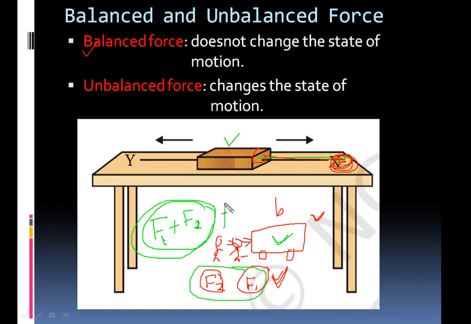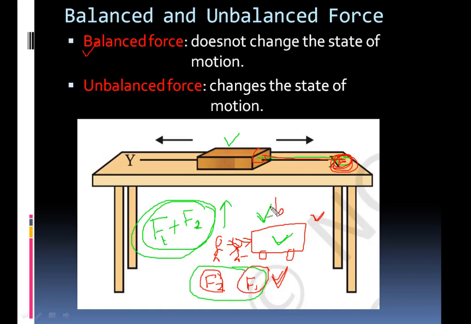Now if we keep on increasing the amount of the force, a point will come where the truck starts its motion. So due to the application of force, if the truck starts its motion, that means it is unbalanced now. Earlier it was in a balanced state. Now from rest it has started its motion. It is becoming unbalanced.